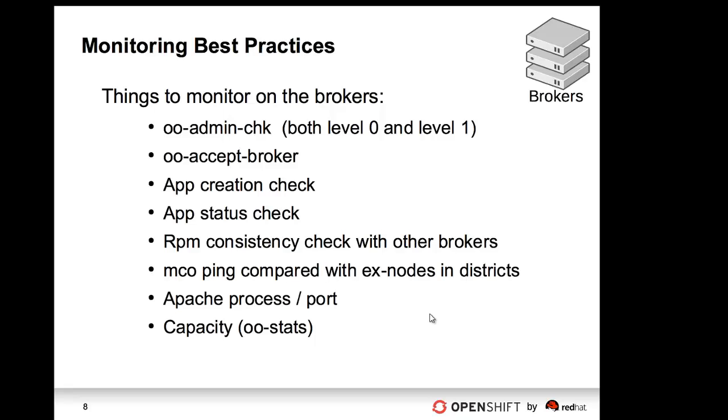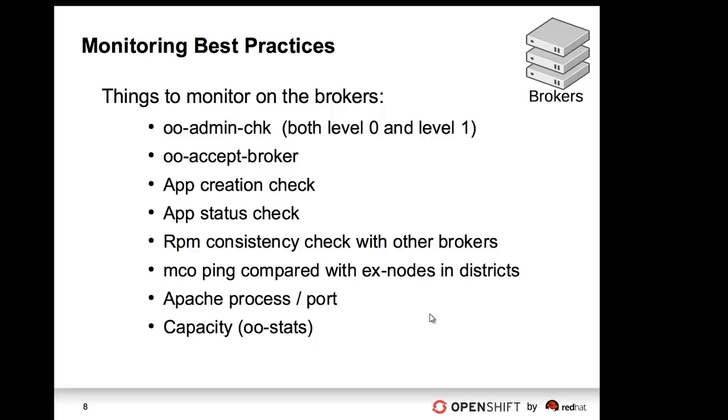We actually run this from each individual broker. So if one broker fails to create apps for whatever reason, we can zero in on that broker. We basically just create this application one time, and then we hit the stat. We just call RHC app status on that guy, or actually app show, and we can see his status.